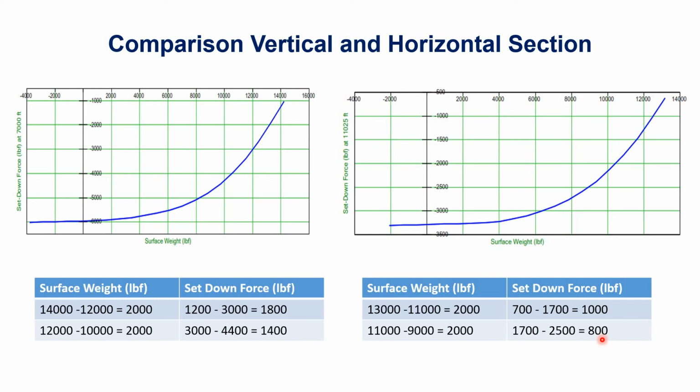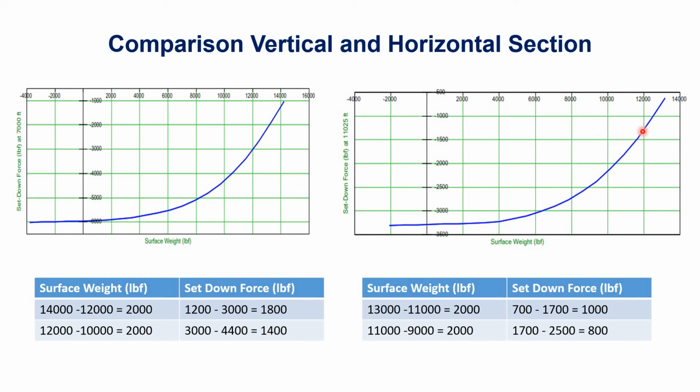When we are performing a milling job or fishing job, in these two jobs we need the set down weight, that is how much weight is on our bit or at the down hole. For that we need to use this particular graph. How to use this graph: we first see the surface reading. For example, assume that our surface reading is coming out to be 12,000, and now we need to drop, let's say, 500. We will see how much reading is coming, and then look at the differential.